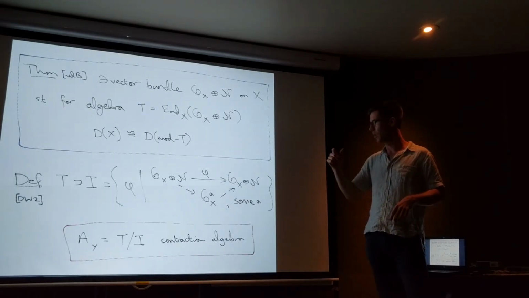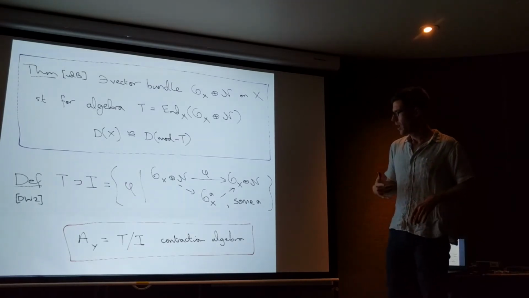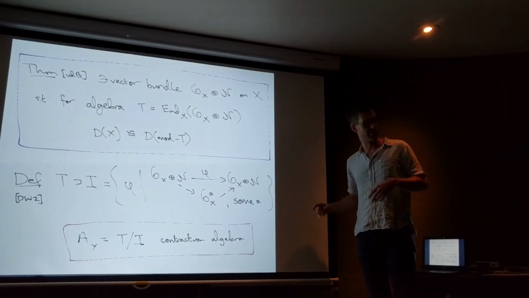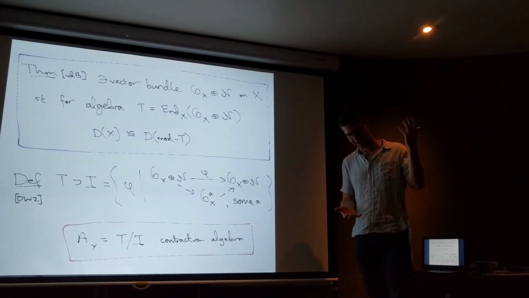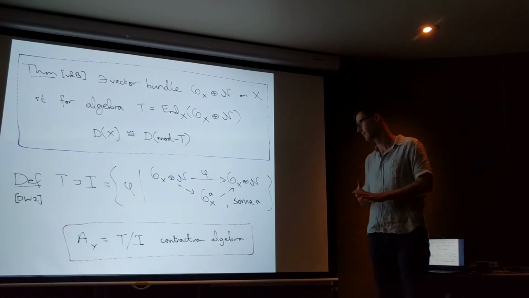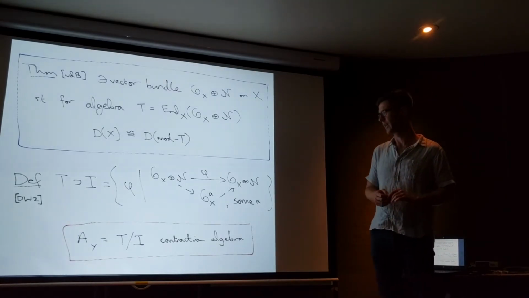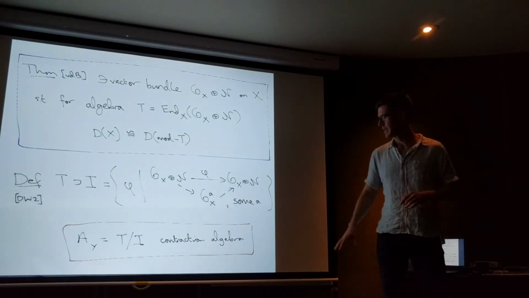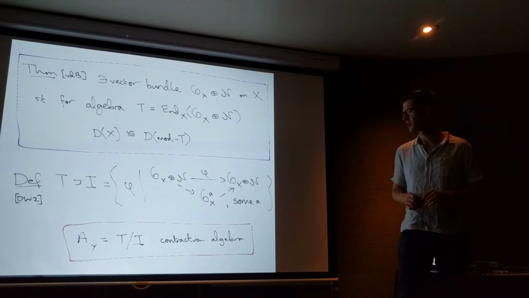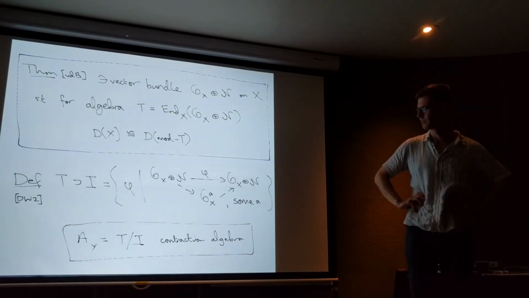So I want psi to be an endomorphism of the bundle which factors through the structure sheaf, or the direct sum of A copies of the structure sheaf for some A. And if I take the quotient, it gives me AY, which we call the contraction algebra, but it's the AY that appeared in that theorem.